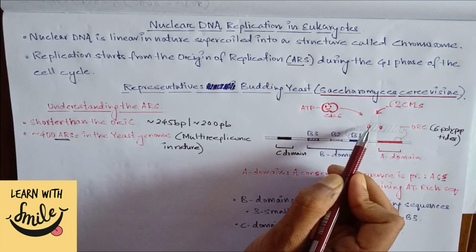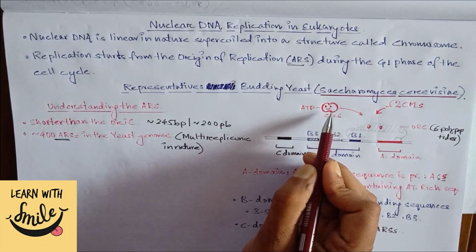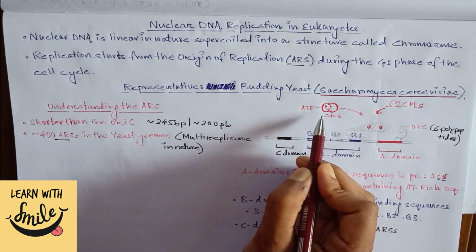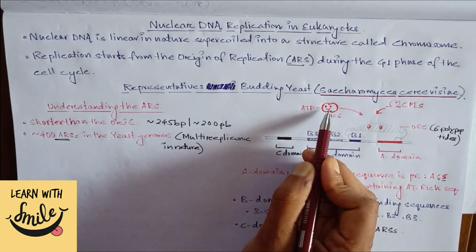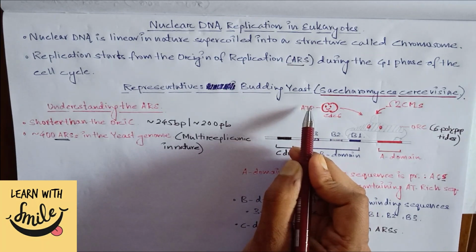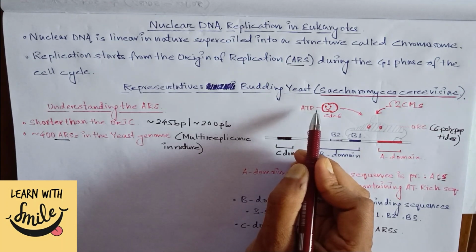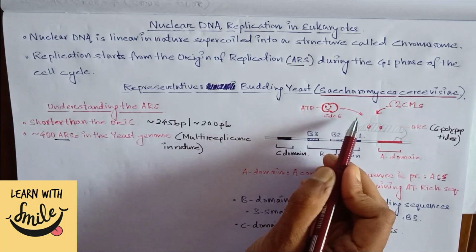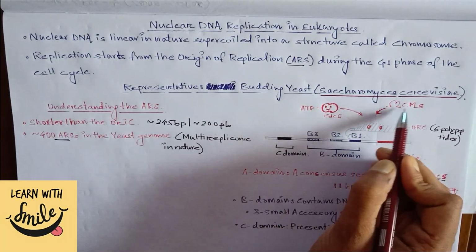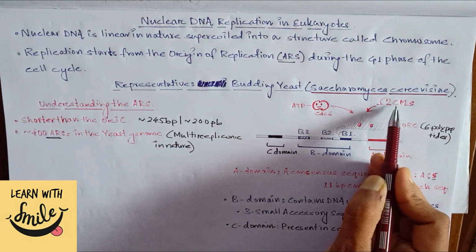While bound with ATP, the CDC6 protein interacts with this ORC complex. This particular CDC6 protein has ATPase activity, which means that it can hydrolyze its bound ATP and utilize the energy obtained from it for some purpose, and as such it helps in recruiting the MCMs. MCMs stands for mini chromosome maintenance.